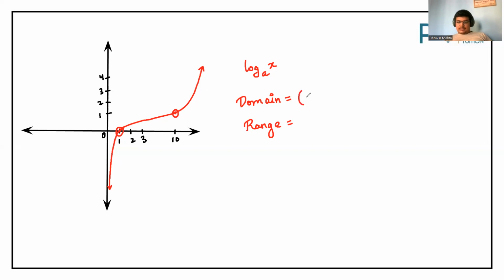So basically 0 to infinity, where 0 is not included, because log of 0 is not defined. Infinity will never be included because no one knows infinity.